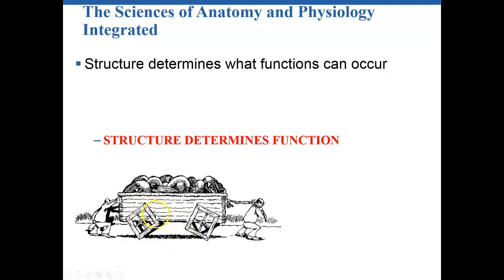The wheels should be nice and round like this, and then pulling or pushing on this wagon would be a lot easier. So structure determines function. You should say it, you should write it, you should learn it. It's very important, okay? Another way to say that is function follows form.